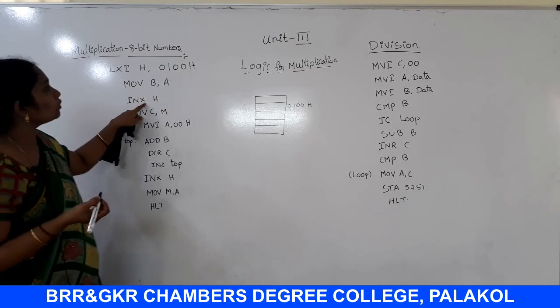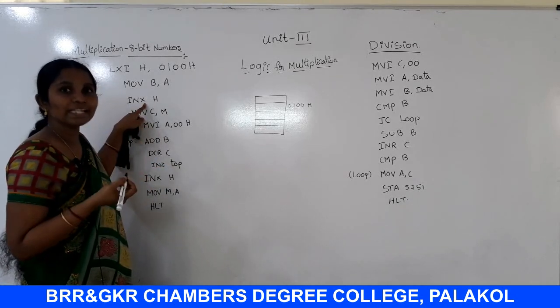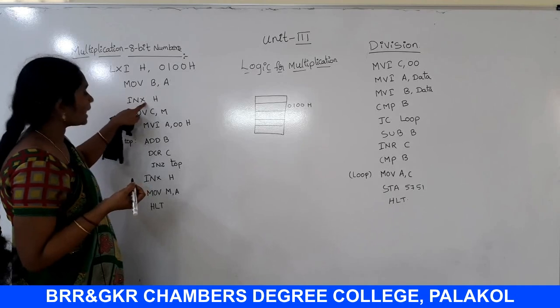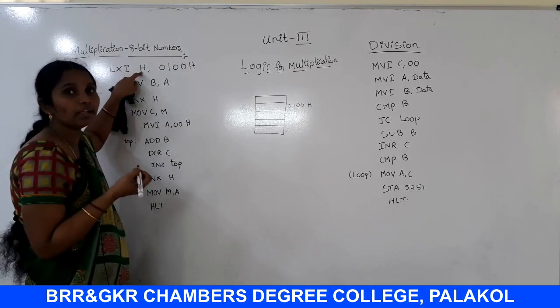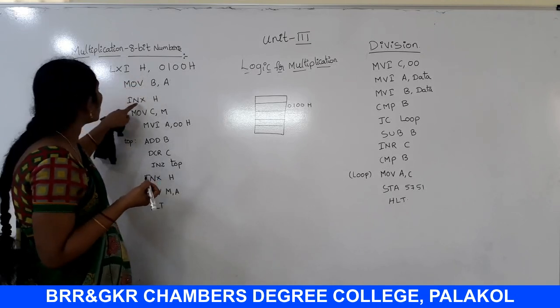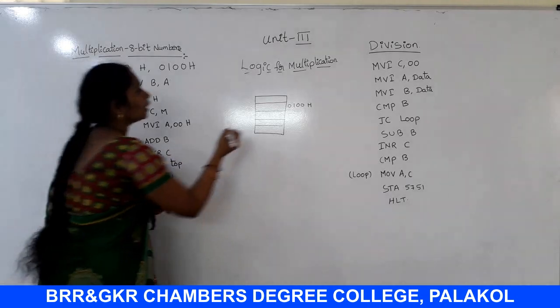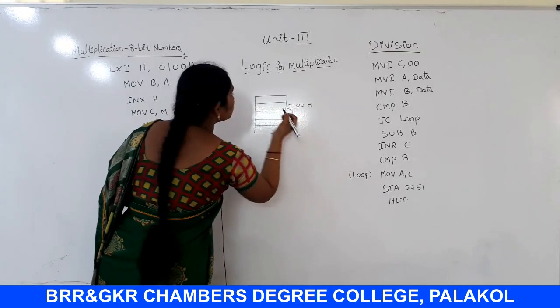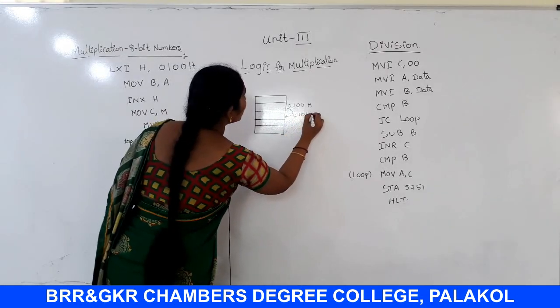Here also we can use the DE pair, HL pair or BC pair, but here we use only the HL register pair. So INX means the HL register pair is incremented to the next state, that is 0101H.